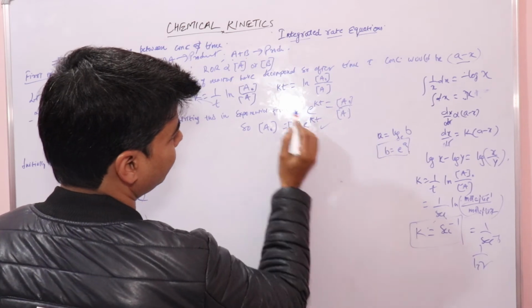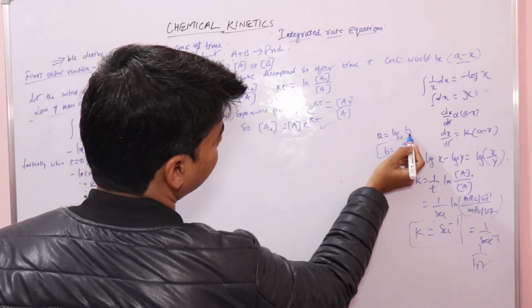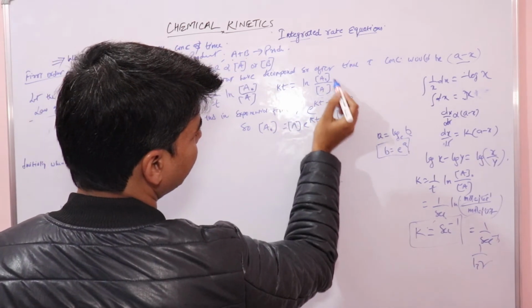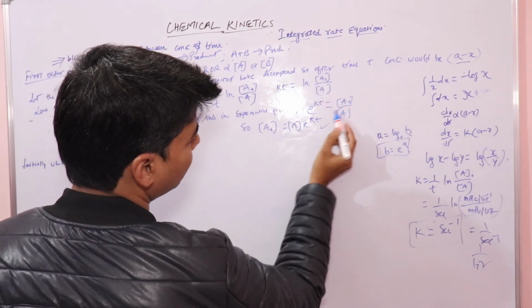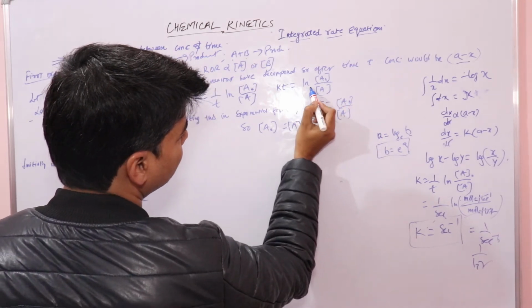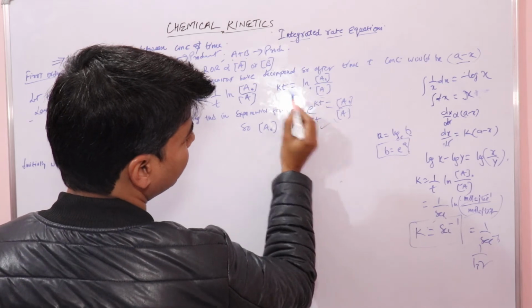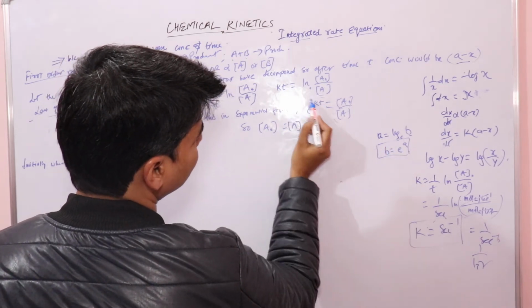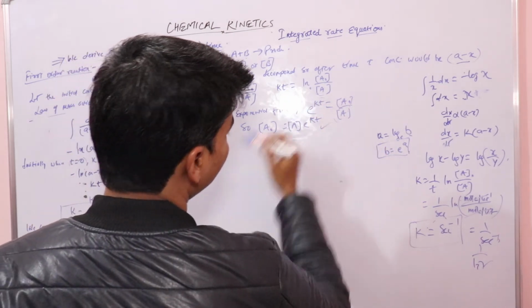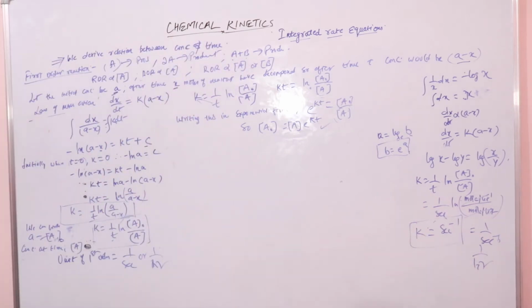In place of a we have kt, in place of b we have this A0 upon A. So A0 upon A is equal to e to the power of kt. This is the exponential form, right? So now we are done with the exponential form as well.